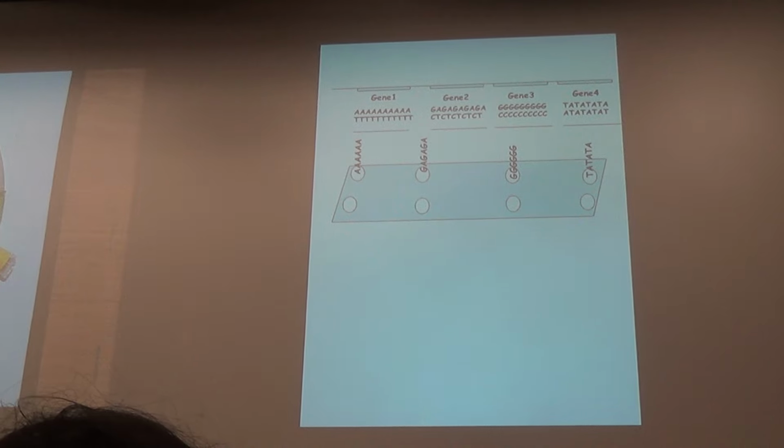And for each dot, we know exactly which gene it corresponds to. So we know dot 1 on the slide corresponds to gene 1, dot 3 corresponds to gene 3, right? And dot 6 over here corresponds to gene 6, and so on. So we know where exactly each gene is located on this little slide.